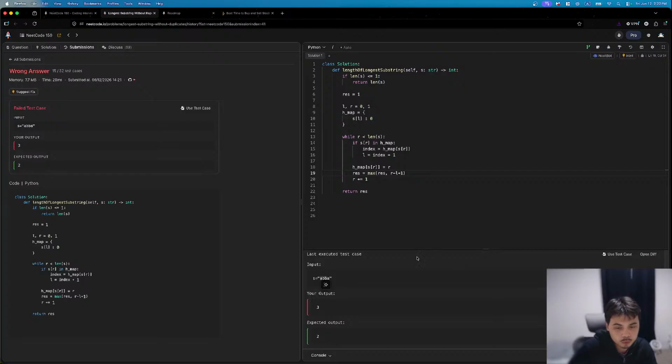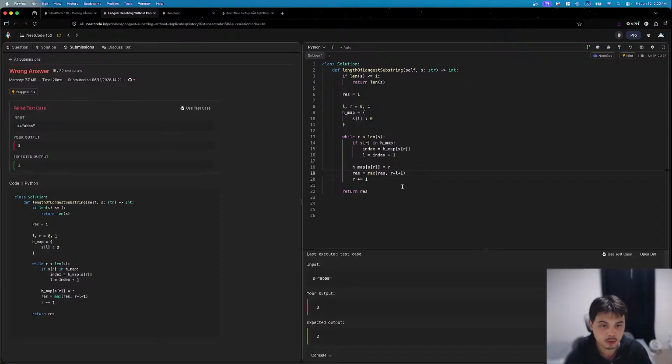Wait, L would become 0, 1, 2, right? How is it getting 3 though?